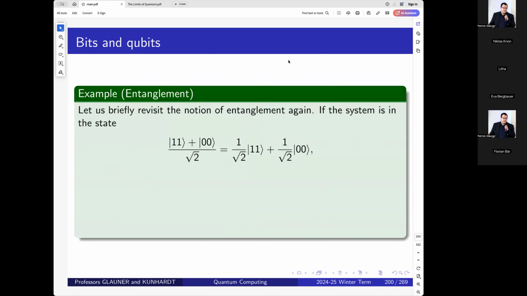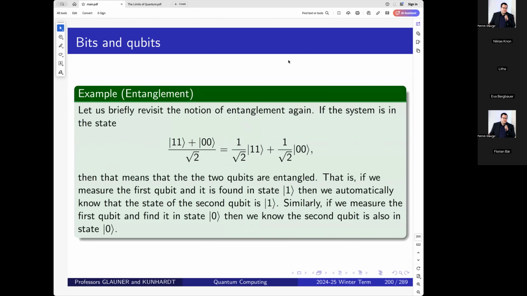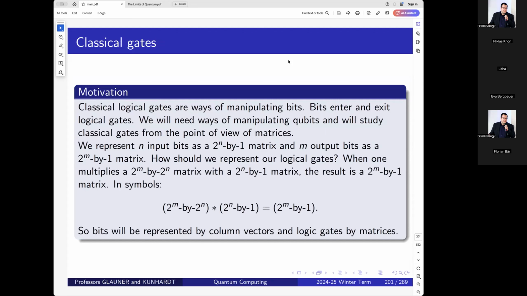We looked at entanglement of 2 qubits and how we can represent this. And then what we wanted to do is build quantum gates. But first of all, we started describing our classical gates with that mechanism. And we used this matrix vector approach we had used before to describe our probabilistic and quantum systems.